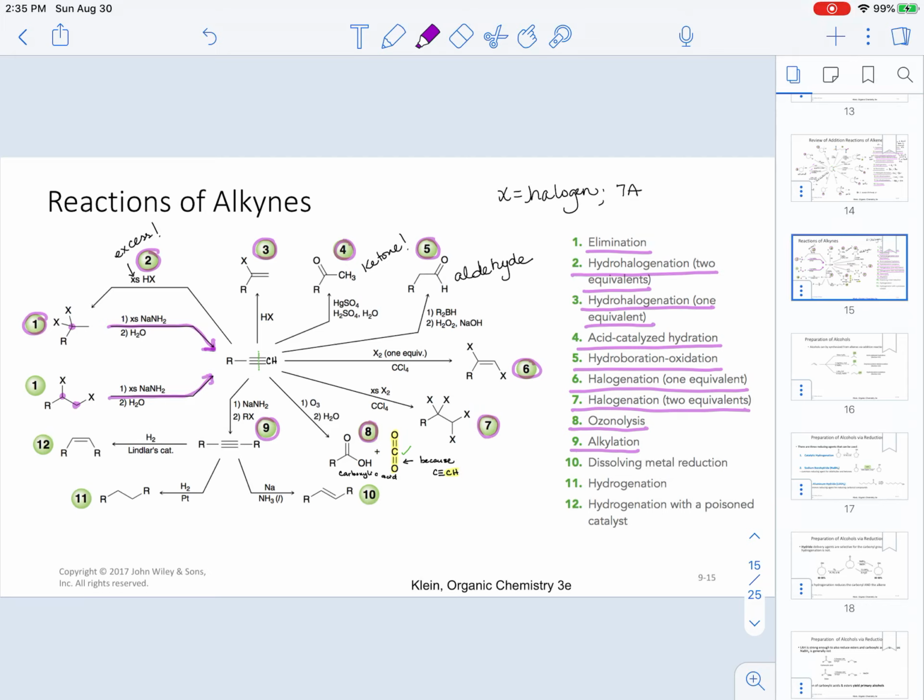And that's how we have a reaction in which we increase the number of carbons. So remember, this increases the number of carbons in the compound.